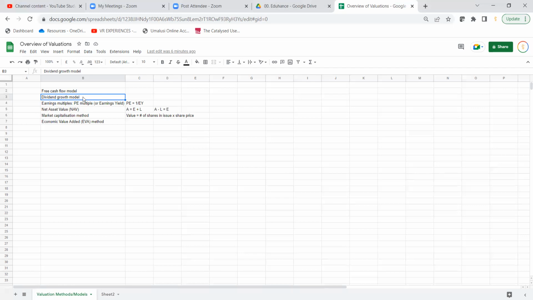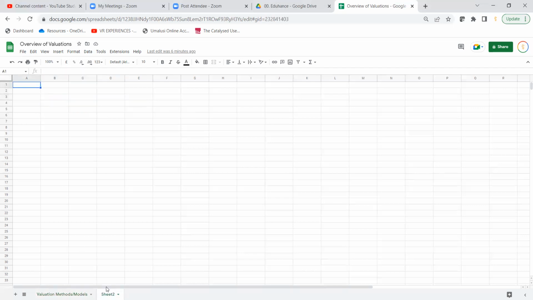So let's go on. Let's start off with the PE multiple. So when do we use this? When you want to acquire a majority stake, and most likely you also use it when you have a private company.